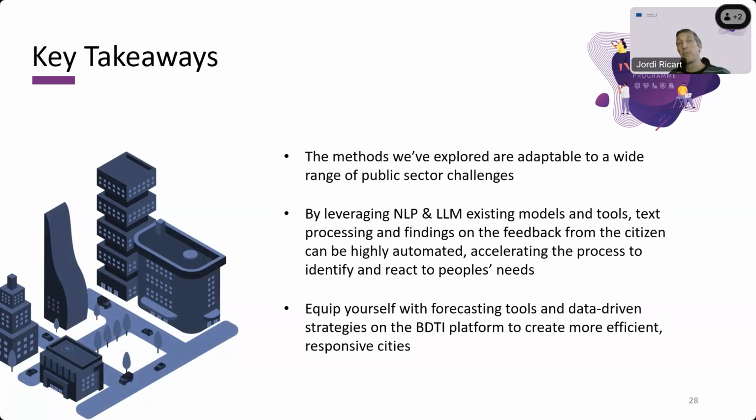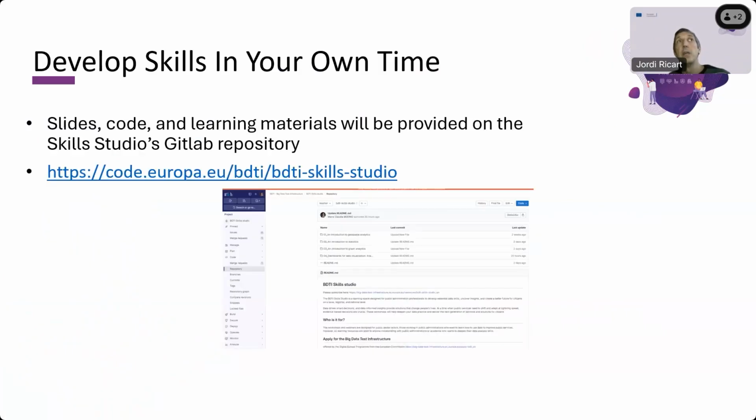So get yourself familiar with it. You can use the BDTI platform to create some of these use cases and help your community. We'll be sharing all the code that you've seen today in the BDTI repository, so you can try to reproduce some of the snippets and apply them to your specific use cases.